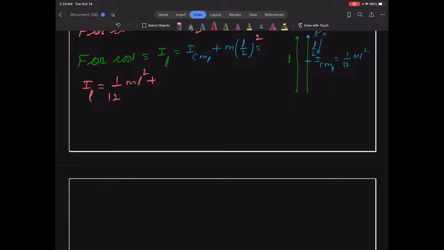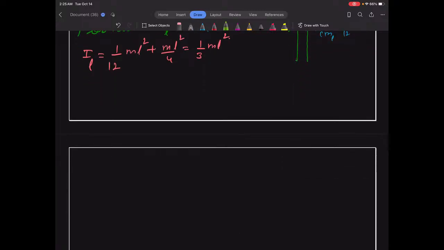This is small m, ml square upon 4. And this will be 12, 1 plus 3, 3 plus 4. This will be 1 by 3 ml square. So we got our moment of inertia for all the 3 separate entities.